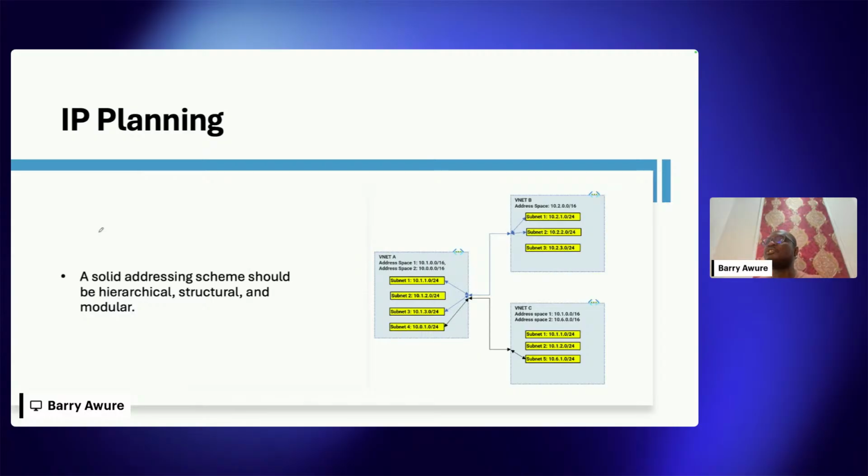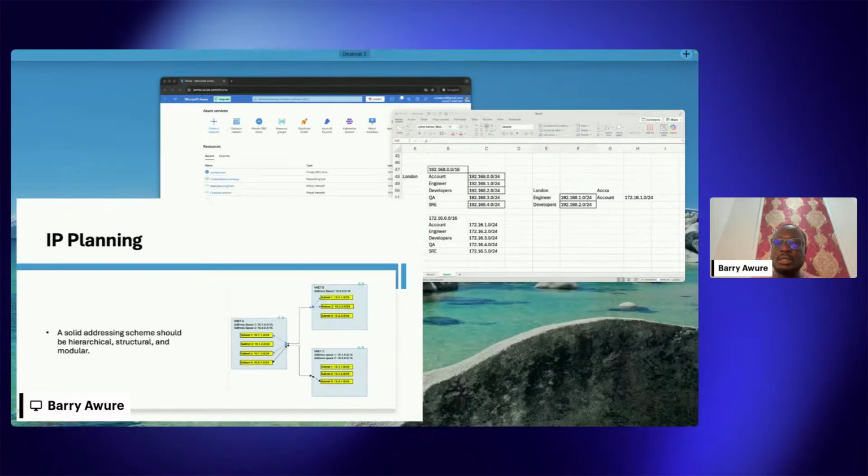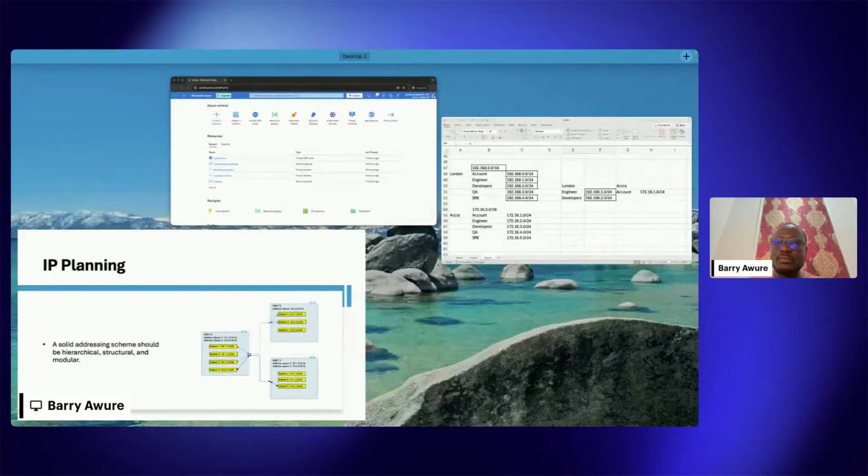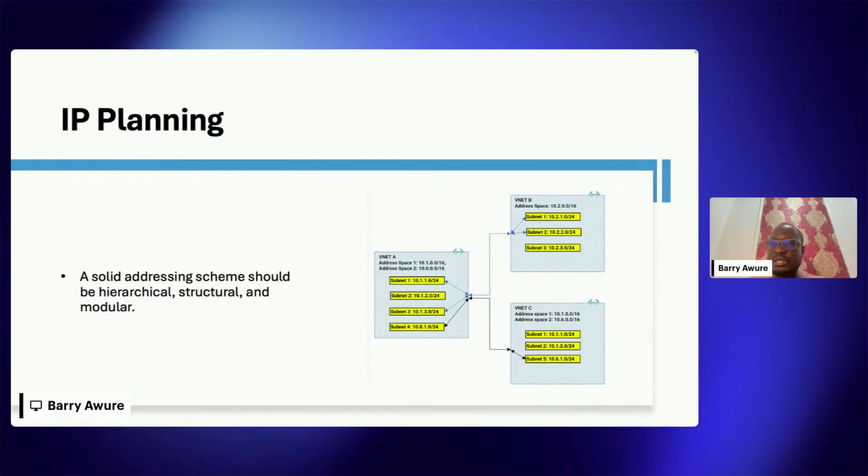That your IPs are just coming to you 1, 2, 3, 4, 5, 6 does not mean that you are being effective, right? So you need to plan your IP addressing properly to be able to deliver on the task that is given to you as a network engineer, or an administrator. So you need to take cognizance of these IPs.